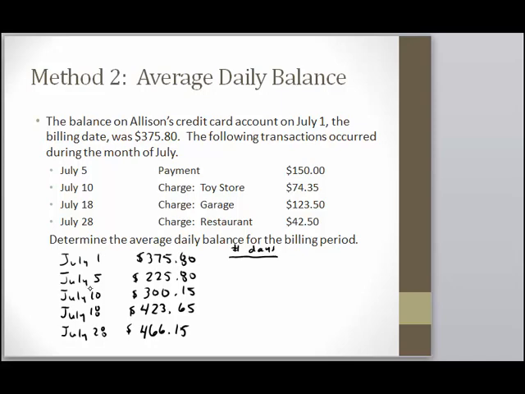Between July 1st and July 5th, there are 4 days that the balance did not change. So I'm going to place a 4 right there on the first row. Between July 5th and July 10th, there were 5 days that the balance remained $225.80.